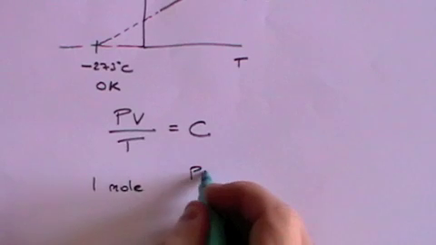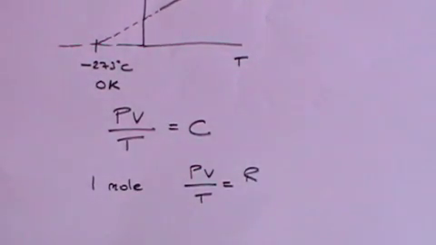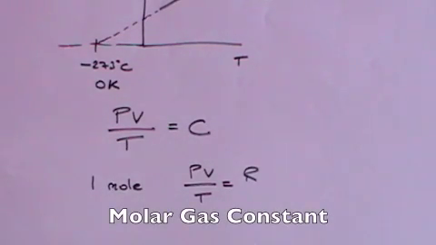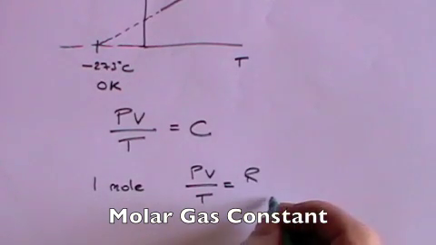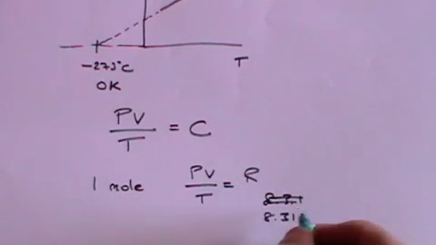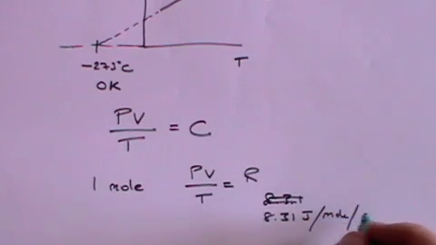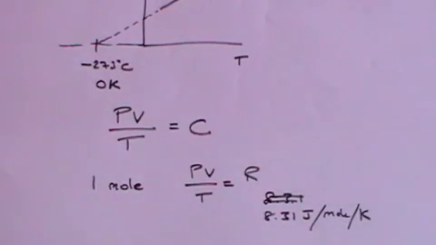Then we would say that PV over T equals R for 1 mole of gas. And R is the molar gas constant, and its value is 8.31 joules per mole per degree Kelvin.